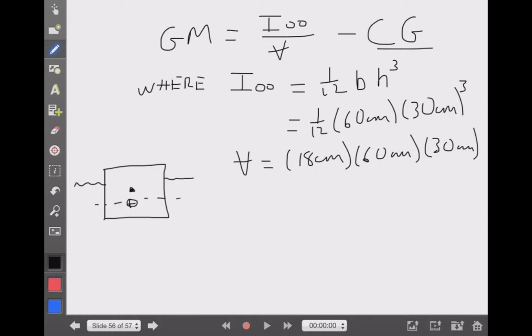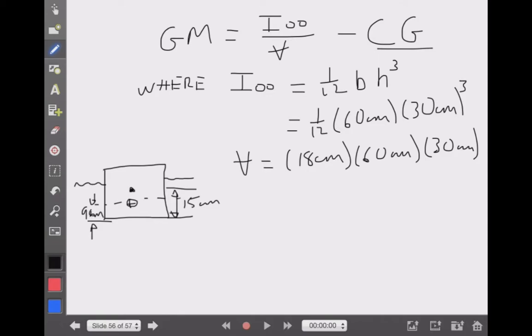It's not a great picture, but the easiest way to determine this is to do things relative to the base. This is 15 centimeters, and from the base up to here is 9 centimeters.